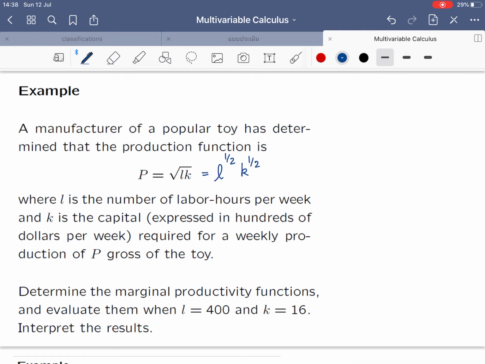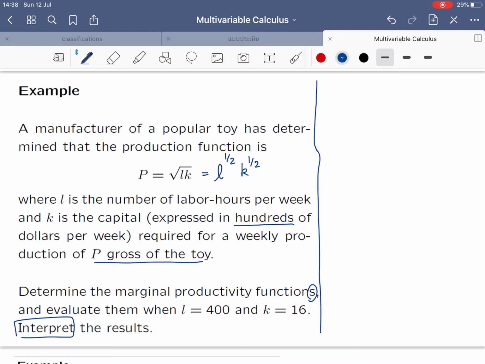Of course, L is the labor hours per week and K is the capital, expressed in hundreds of dollars per week, required for a weekly production of P gross of the toy. You would like to determine the marginal productivities of the function and evaluate them at L is 400 and K is 16. And of course, the most important thing is to interpret your result.